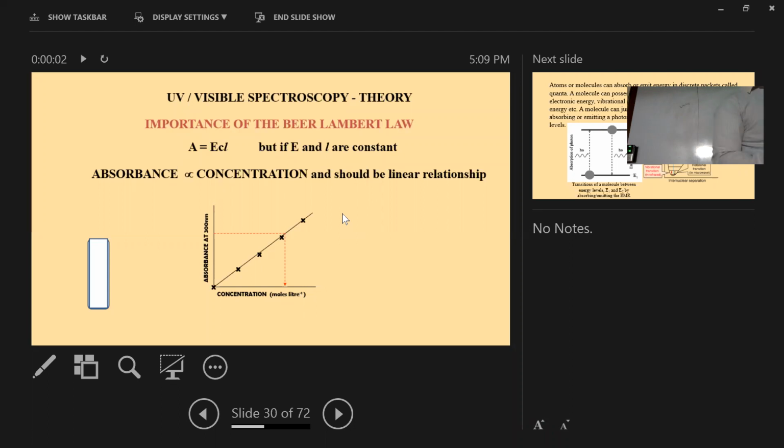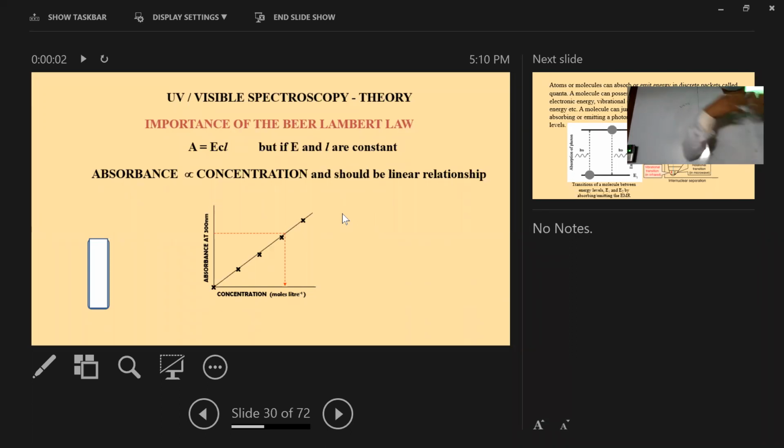Let us consider this is our absorbance, what we found from the instrument. That means you are getting like this way. So we'll get this is the concentration value.